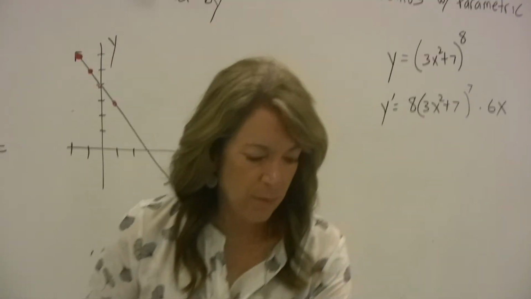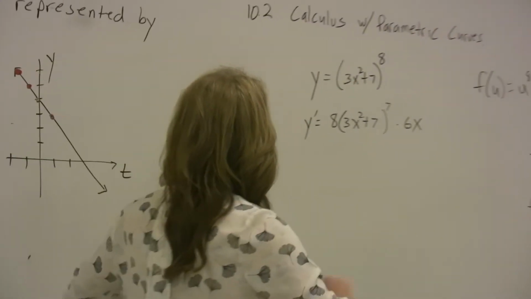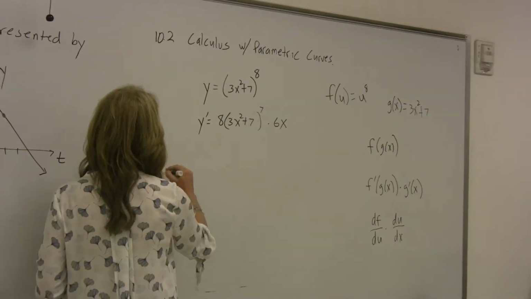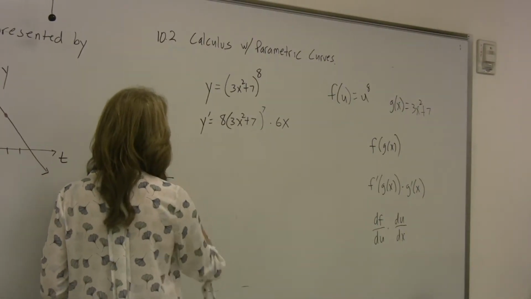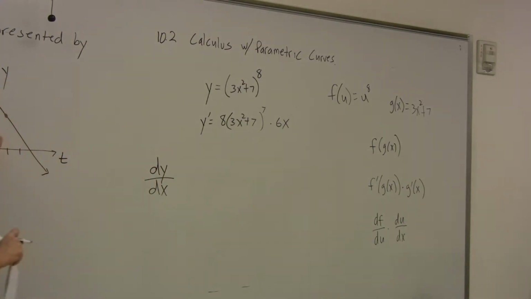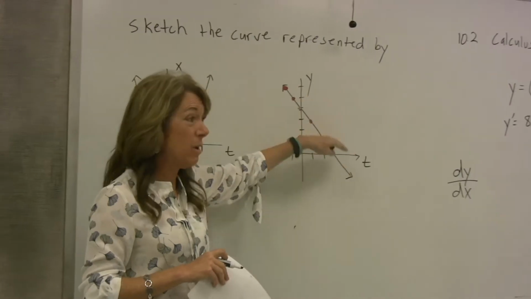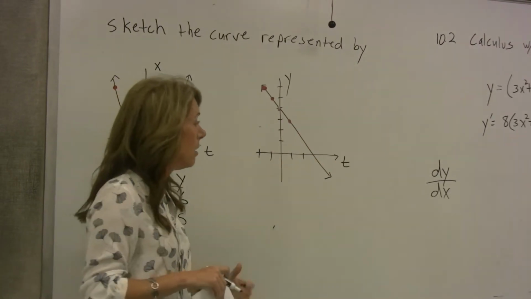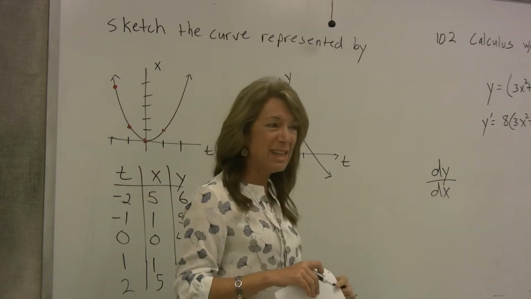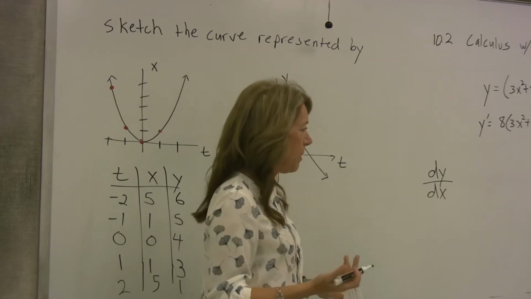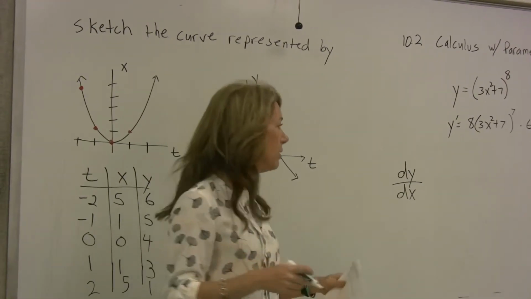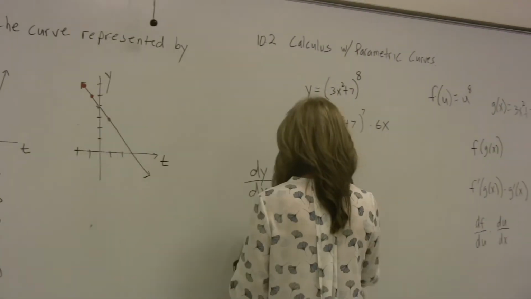Let's talk about what we do here. To find the derivative is dy dx. So if I wanted the derivative of this particular graph, I want dy dx. Well, if everything's in terms of t, we have to make sure that we take the derivatives with respect to t as well.